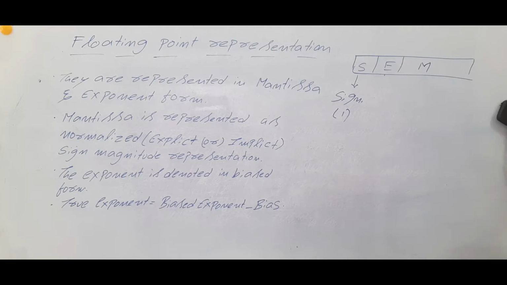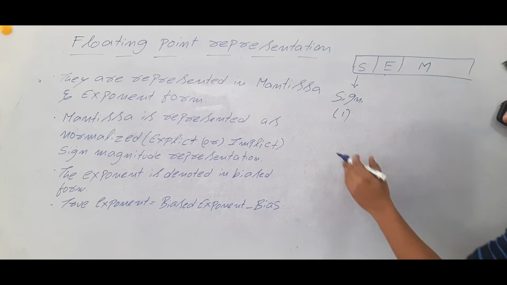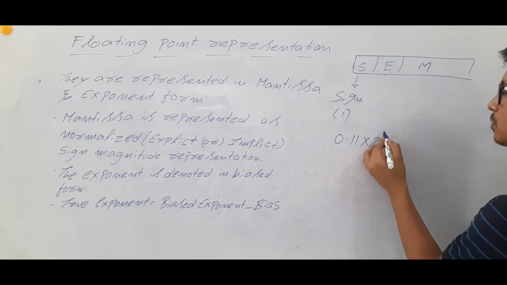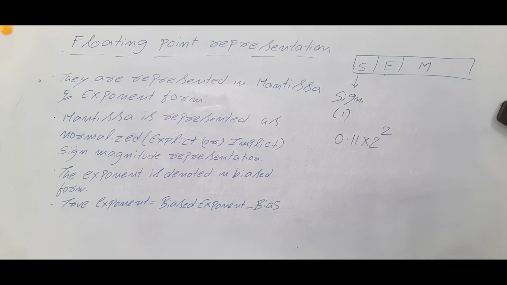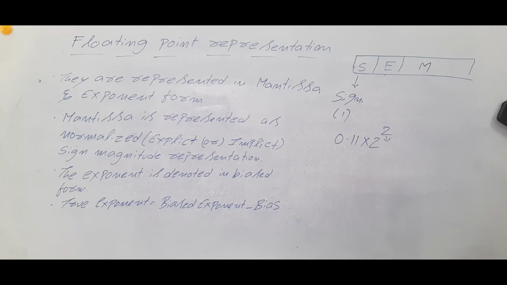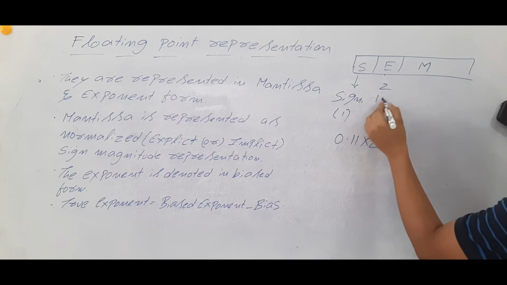Now, we have e, which is for exponent, and m for mantissa. Let me discuss with an example. Let's take 0.11 into 2 power 2. Here e is the exponent, 2 is the exponent. How will you represent 2 in a binary number? 1, 0.